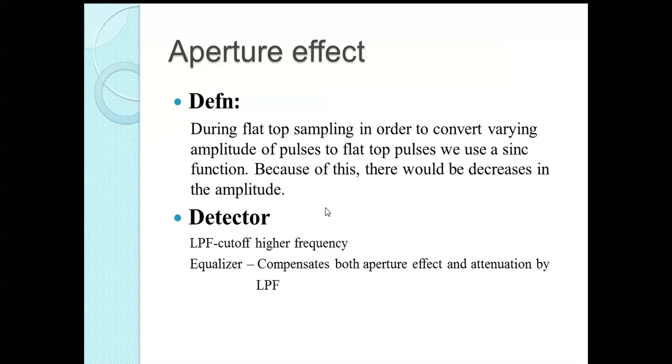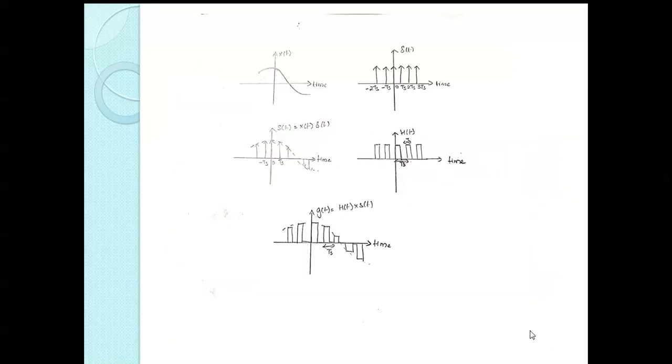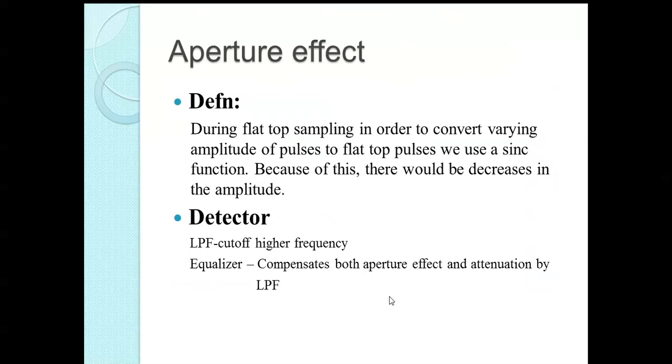This effect and the reconstruction low pass filter, everything will be equalized with the help of this equalizer, and it is sent to the output as a proper sine wave, which we get as m of t. So this is the reconstruction part. The detector I have discussed will have a low pass filter and the equalizer, which compensates both the aperture effect as well as the attenuation in the low pass filter.